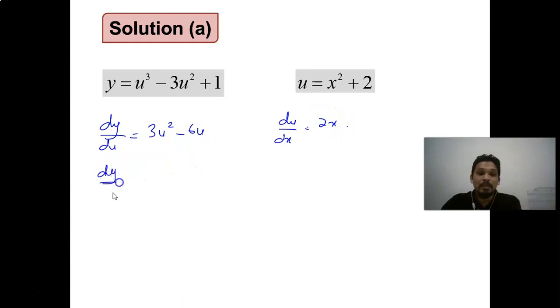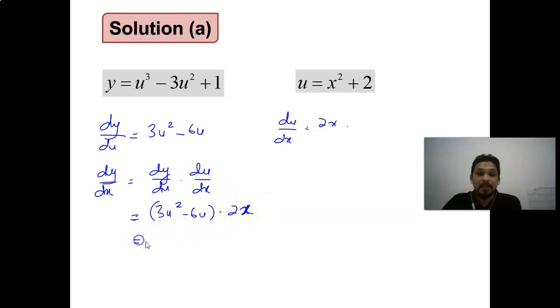So then dy dx equals dy du times du dx. Okay, dy du equals 3u squared minus 6u and du dx equals 2x.